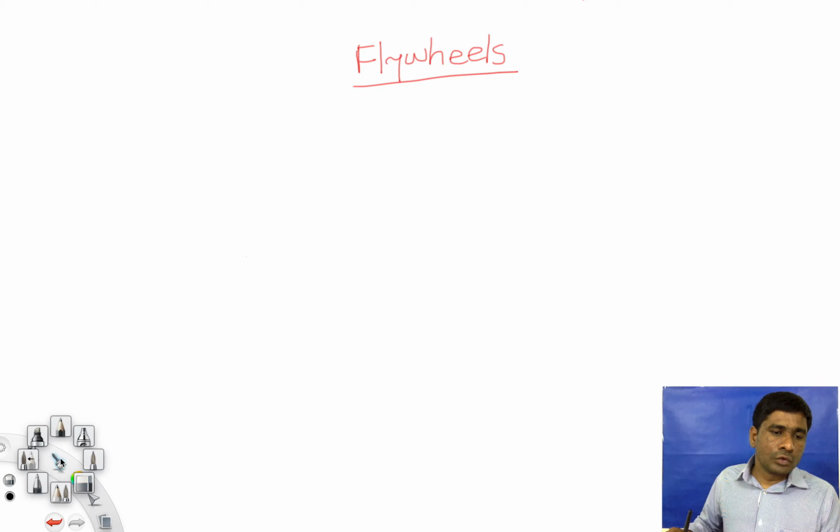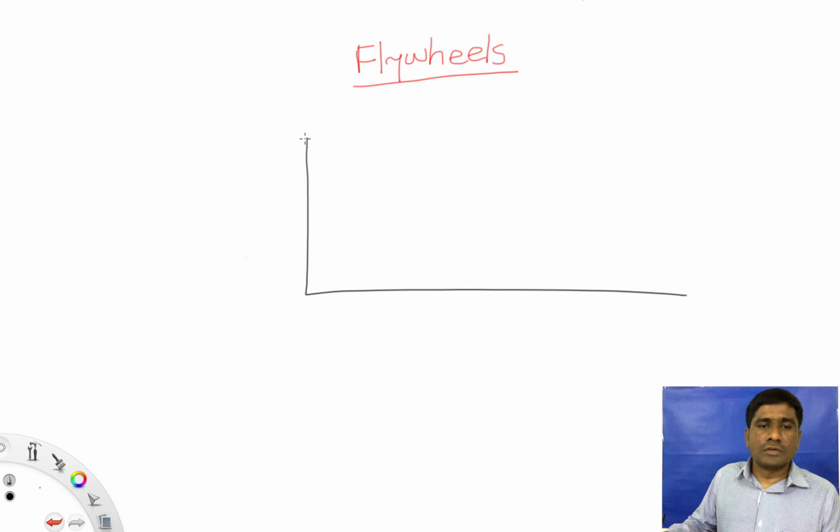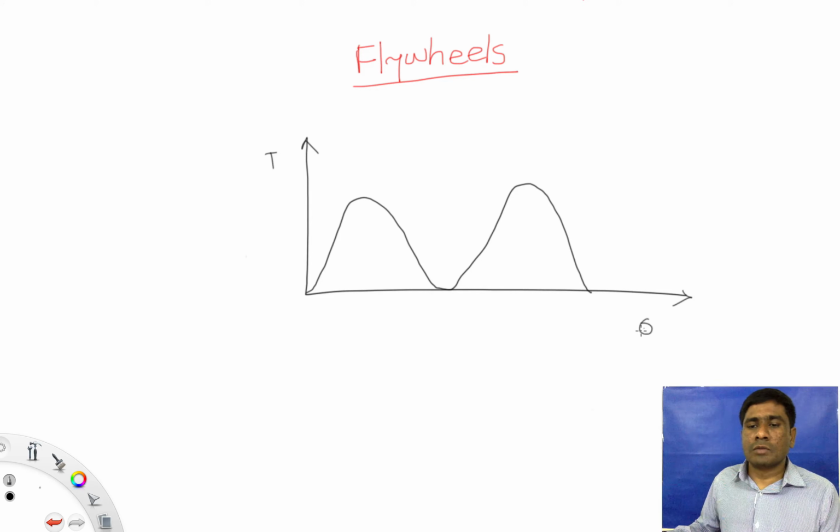Before going into solving different examples, here I would like to explain one more concept. For example, in the case of a 2-stroke double acting engine, we have points like this. The T theta diagram, the turning moment diagram, is like this.